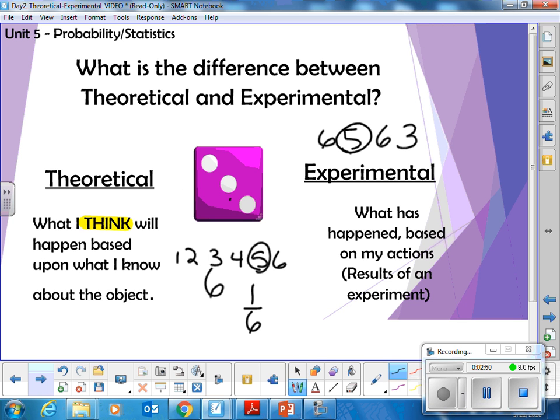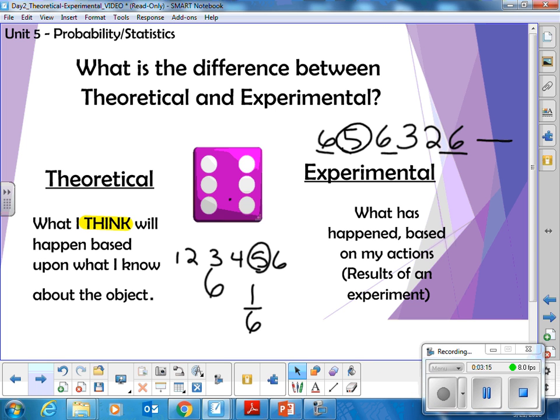I'm going to roll it 6 times. I got a 2. I got a 6. Okay, I've rolled it 6 times. So out of 6 times, I did get one 5 out of that. But look how many times I got a 6. I got three 6s, and that's how probability works.